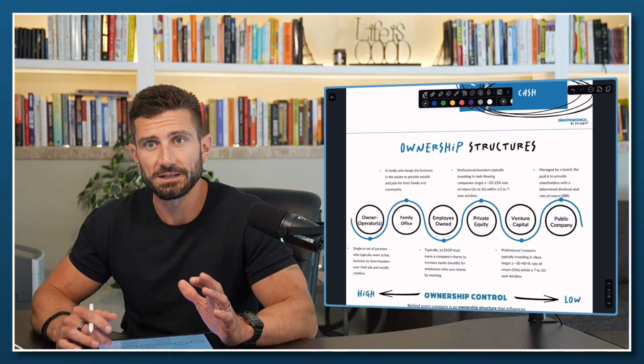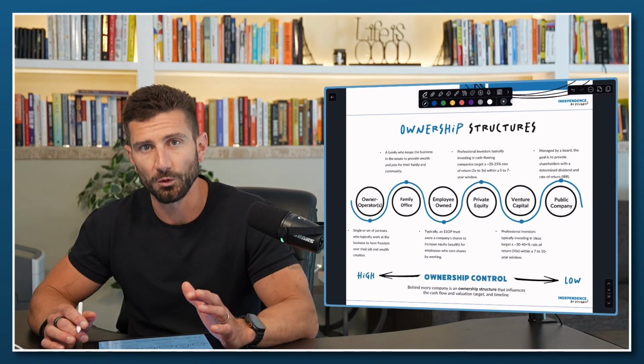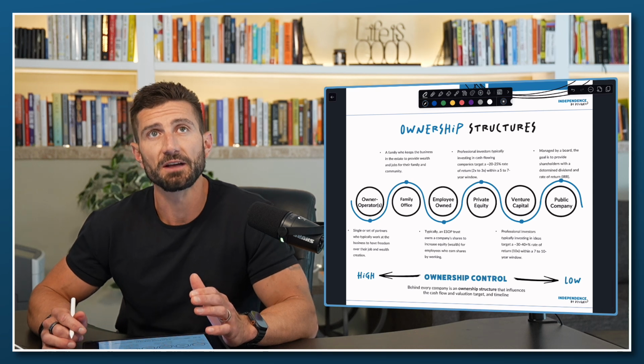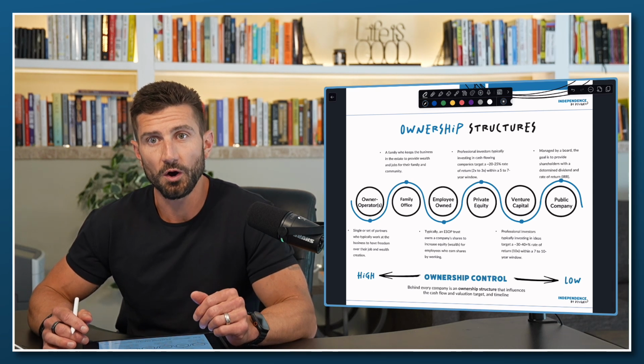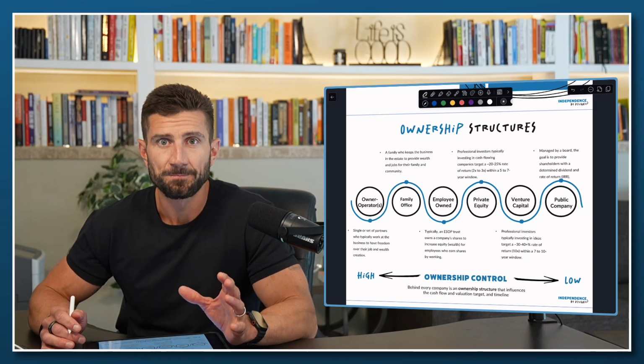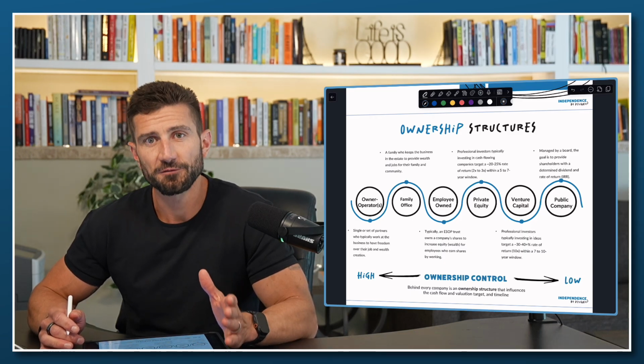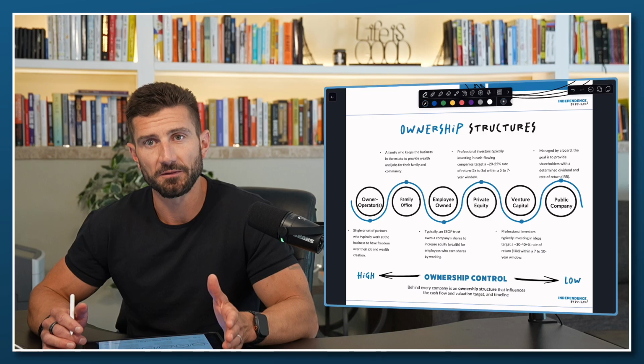But before we go into each of those in detail, I think it's really important to level set us on the game of capitalism, really, because there are all these different ownership structures that are playing different flavors of the game of capitalism.